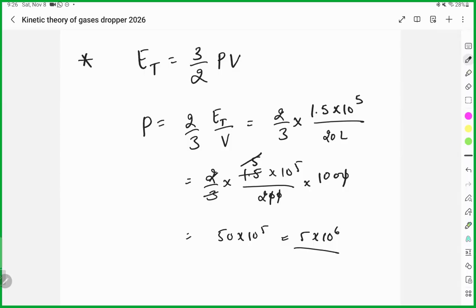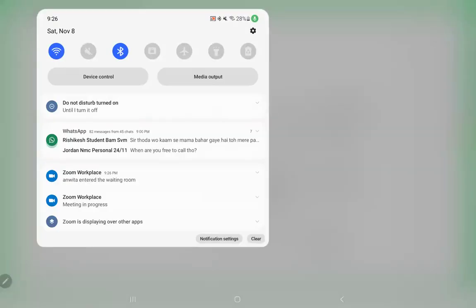Average kinetic energy of the translation motion of its molecule is this. Here we made a mistake? No, I don't think so. There is any mistake? Let me know if there is.